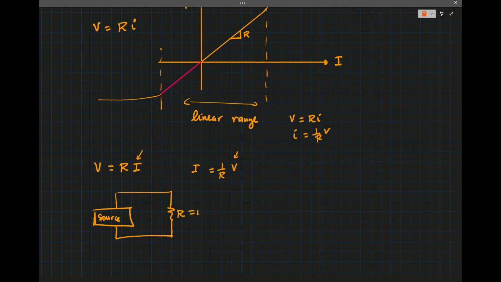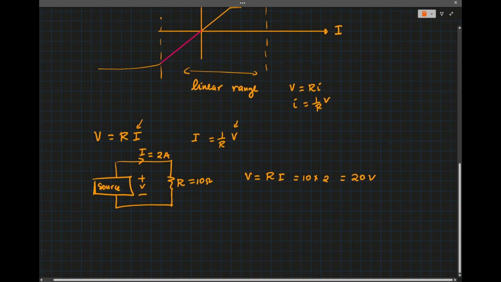Let's say this is 10 ohms, and the current supplied by the source, I, is 2 amps, for example. Then we can calculate the voltage V, which we know is Ri, which is 10 times 2, which is 20 volts.